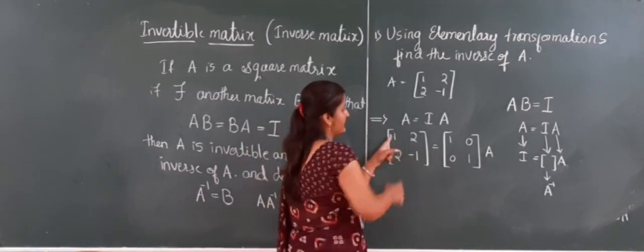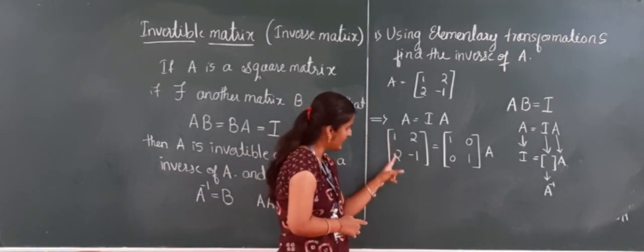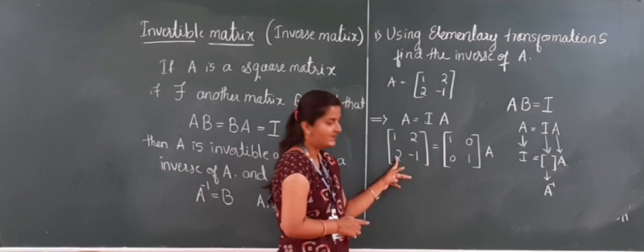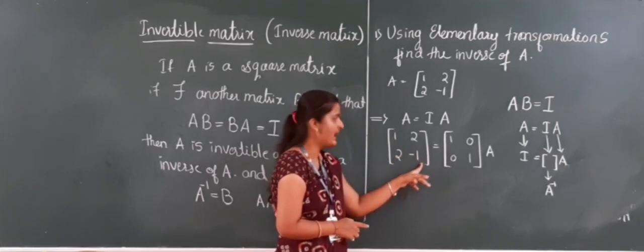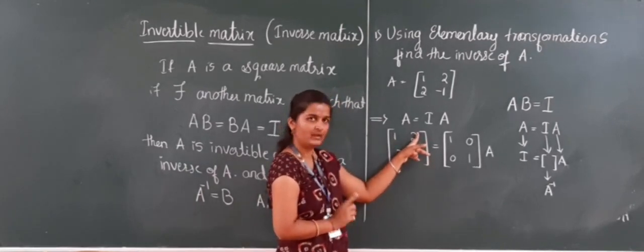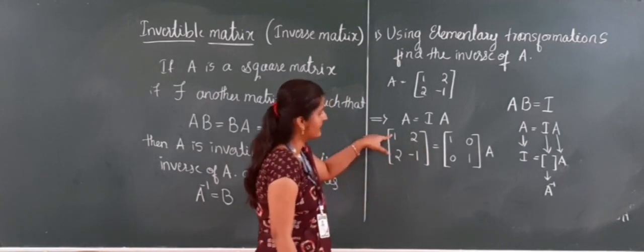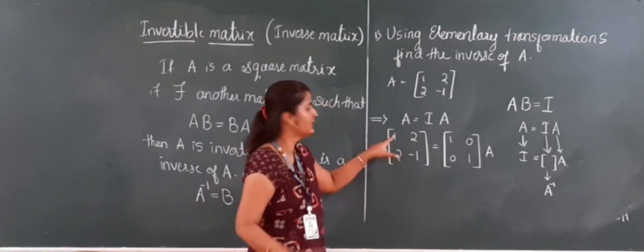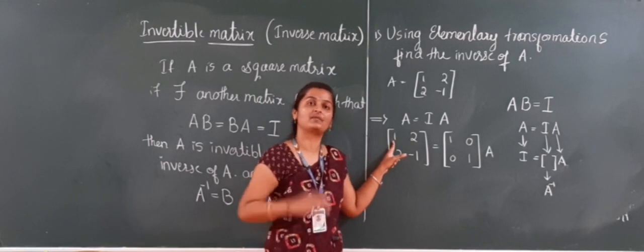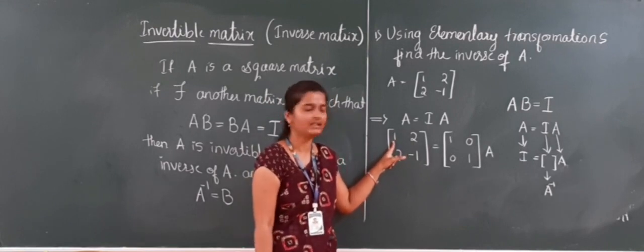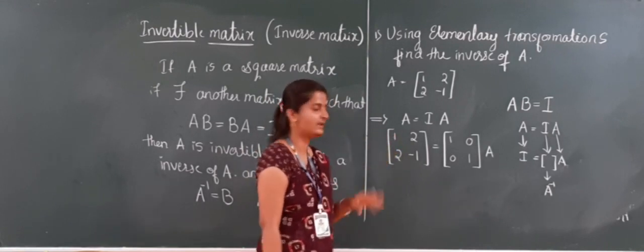First I will convert this as a 1, after that I will convert this as a 0. Next I will convert this as a 1 and this as a 0. So first, I have to convert this first element as 1. Already this is 1, so the first step is already over. I will leave it like this.